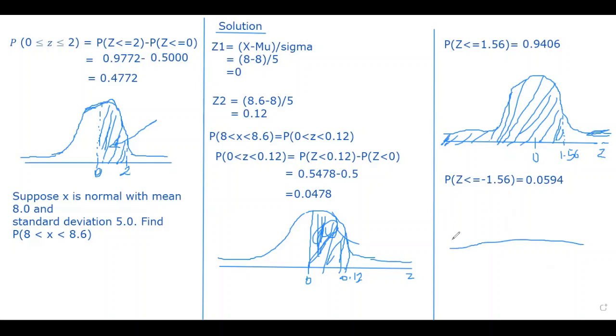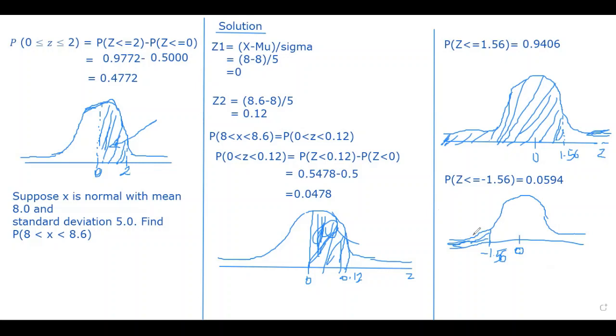So when you draw the curve, this one is a negative number, so it will move to the left or below the mean. So negative 1.56 is here. You get it? So you shade to the left.